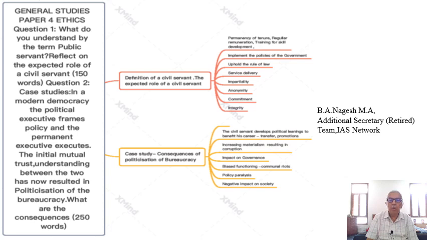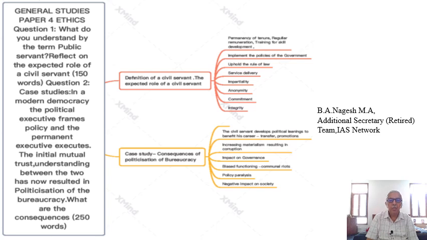Anonymity. By anonymity, I mean the civil service works from the background. Any credit goes to the minister. So, by being anonymous, he works from the background. Commitment. By commitment, I mean commitment to the programs of the government, not commitment to any political party.